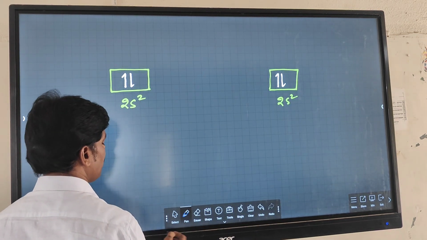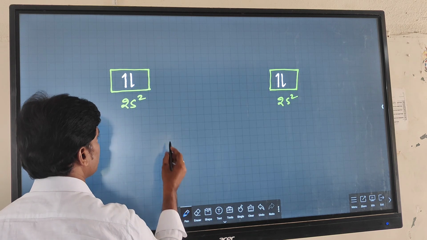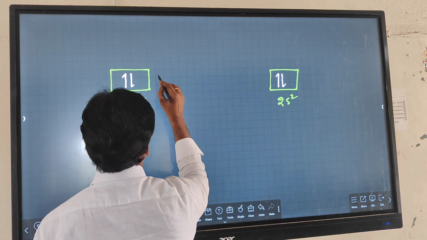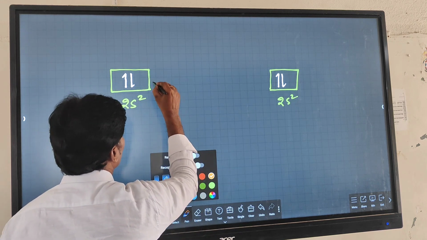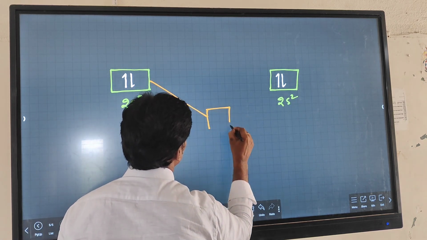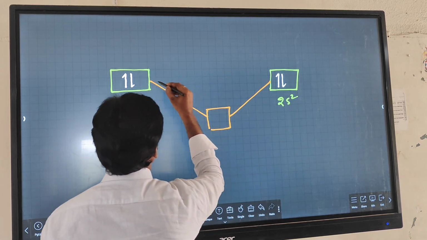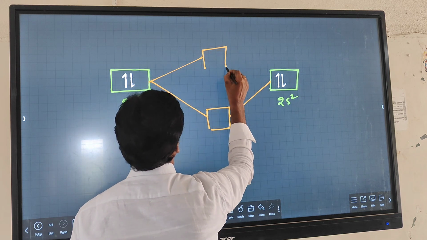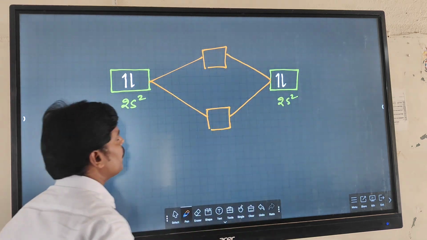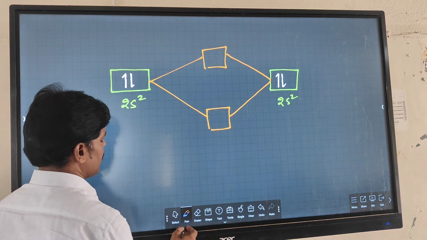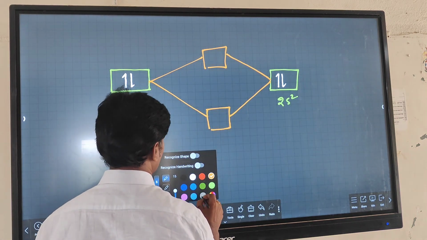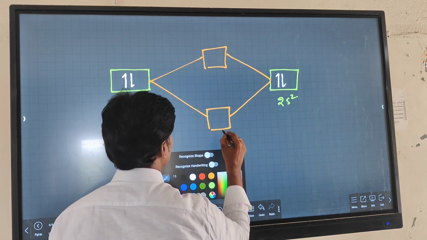Then these 2 atomic orbitals combine together to form 2 molecular orbitals. This is one molecular orbital, and this one is another molecular orbital. The number of atomic orbitals is equal to the number of molecular orbitals. Now we have 4 electrons, distributed in these molecular orbitals.